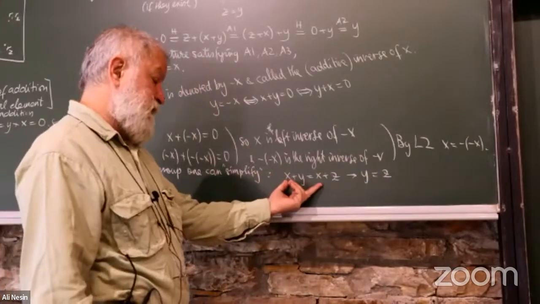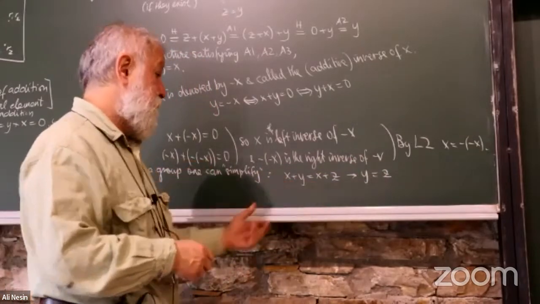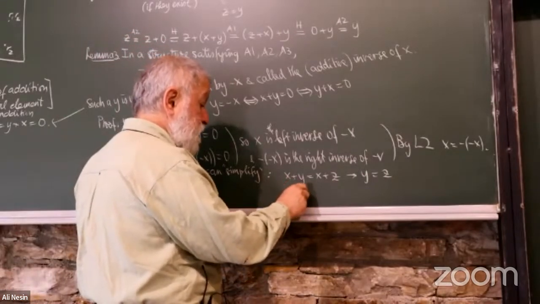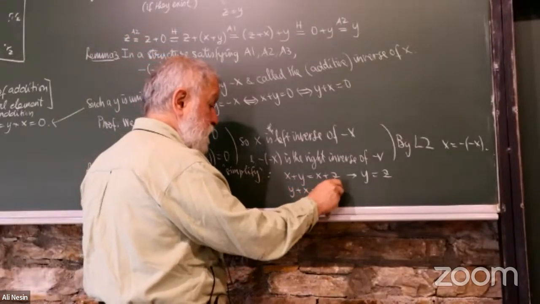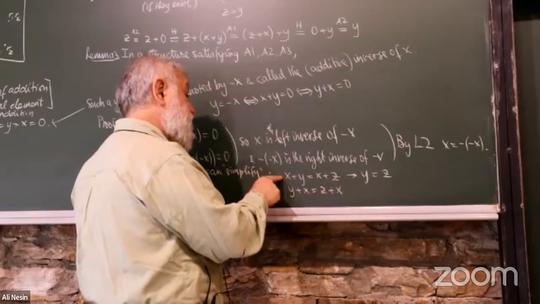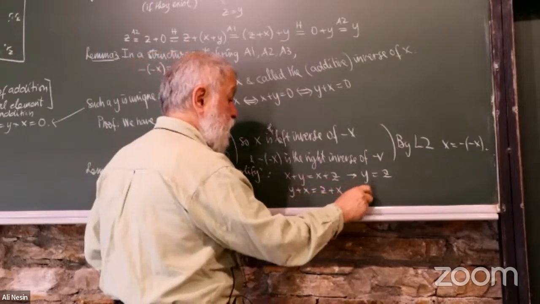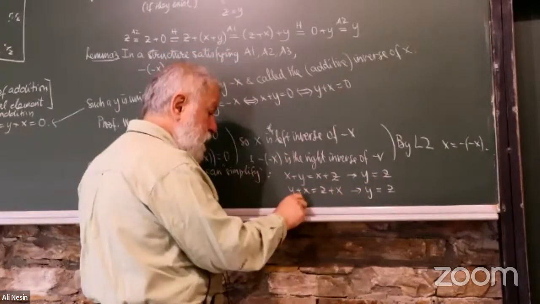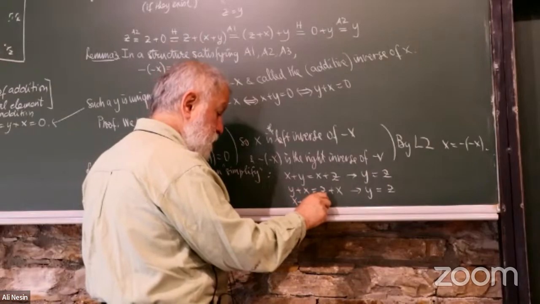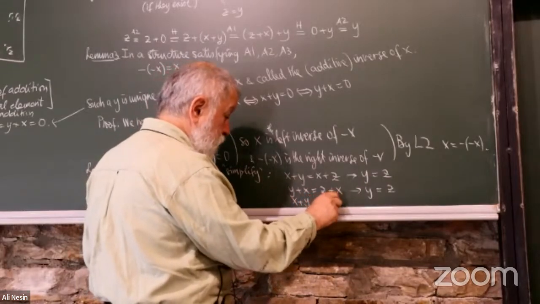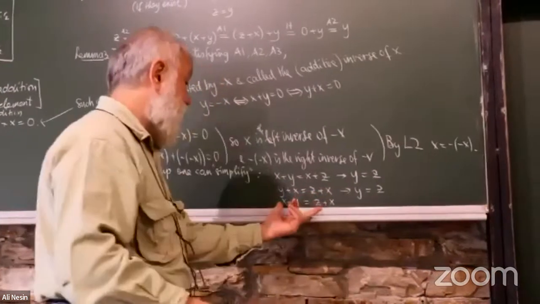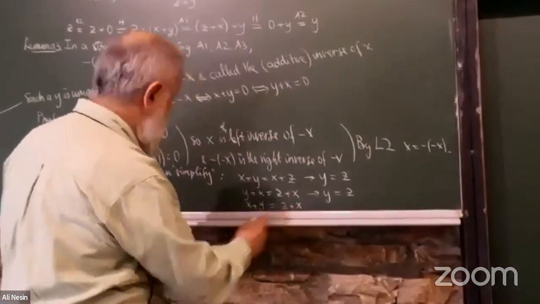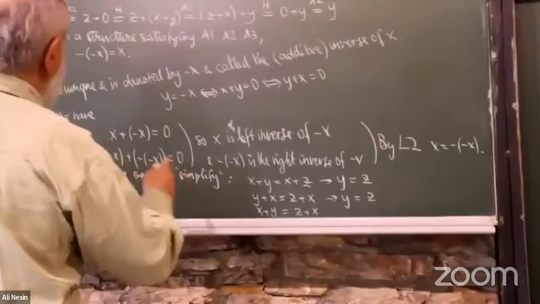You add to both sides on the left minus X. And if Y plus X is equal to Z plus X, so you can simplify from left and right also, then Y equal to Z. If X plus Y equal to Z plus X, normally you cannot simplify unless the addition is commutative. But in general, in a group, the addition is not commutative.